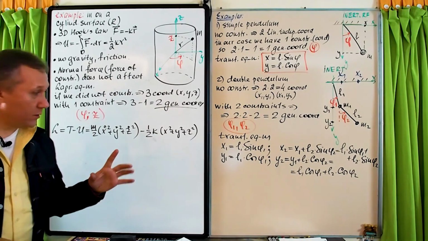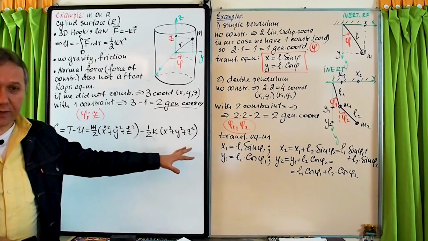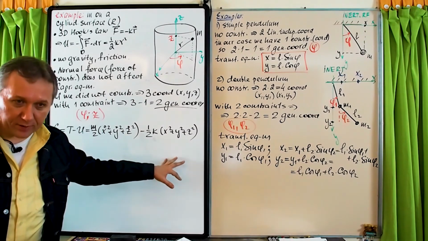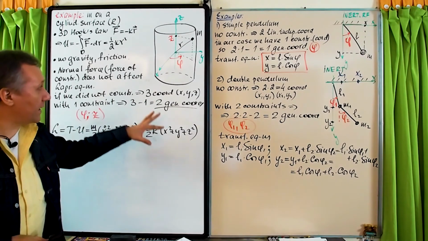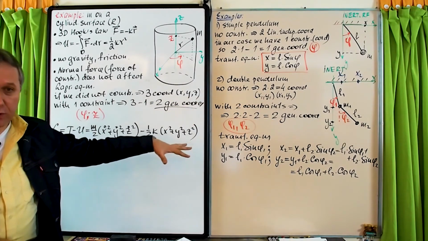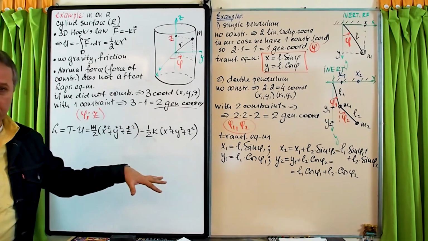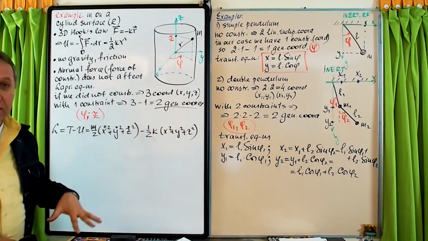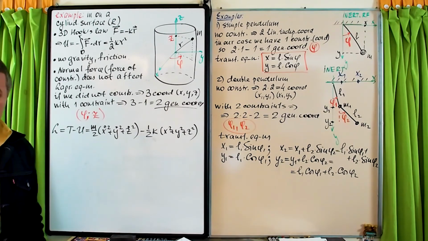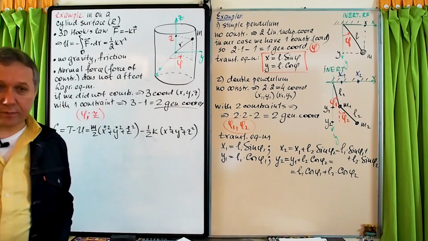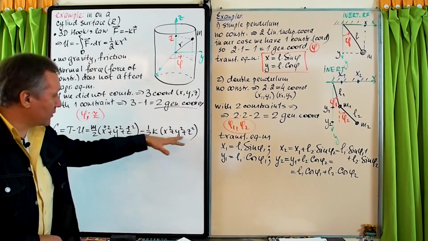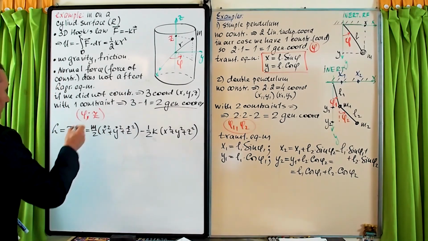But again, we wrote it down in terms of x, y, and z, but they are dependent. All these x, y, and z are dependent. So we need to reduce the number of coordinates to phi and z. So how? We need to write transformation equations from x, y, z to phi and z.